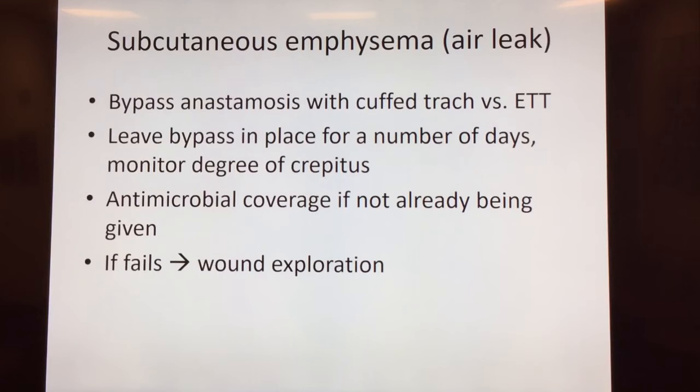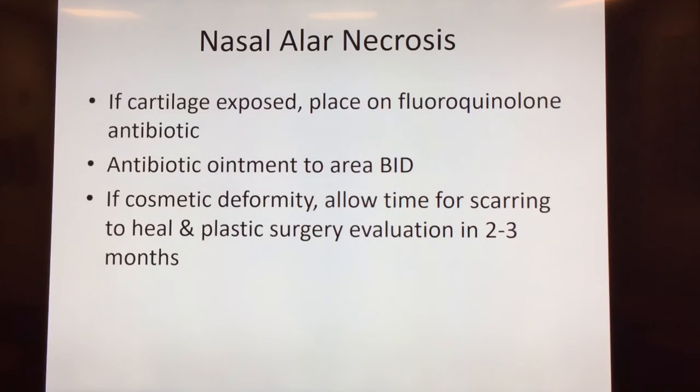And you want to monitor the degree of the crepitus that your patient's experiencing. If they're not already on antimicrobial coverage, we would recommend starting some. And then finally, if that option fails, you do need to go in and explore the wound and revise your anastomosis.